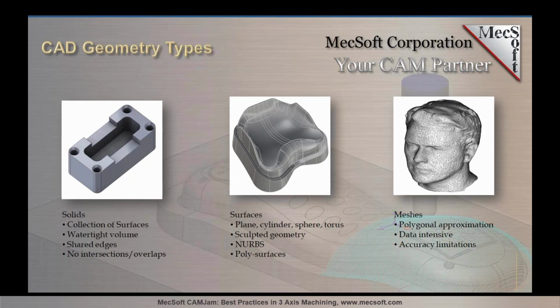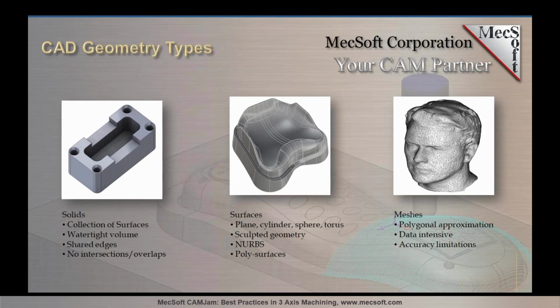So for example, if your CAD system is a free-form modeler like RhinoCam, what you probably have there are what's called NURBS surfaces, non-uniform rational basis splines, which is just a very accurate mathematical representation of the geometry. And surfaces can either be free floating or they can be linked together to form what we call polysurfaces. So surfaces would be a second type of geometry that you might receive in order to start your machining.